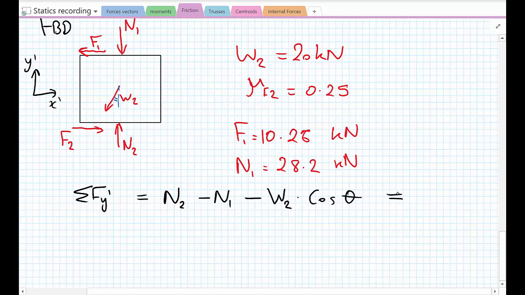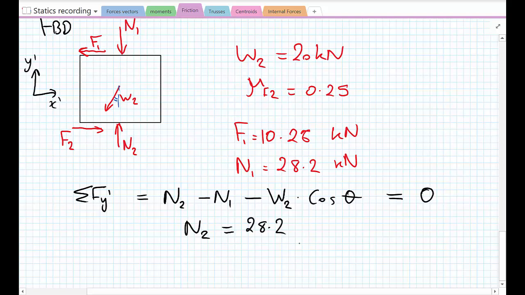And for equilibrium, just at the point of impending motion, this must be equal to 0. So we're going to rearrange in terms of N2, as we want to know N2.